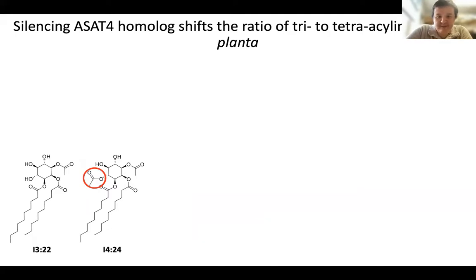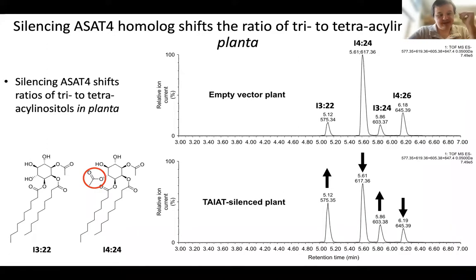The first thing that I want to mention is that the major acyl sugars in Solanum ketonense are primarily tri- and tetraacylated inositols. They differ primarily by the presence of this acetyl group, as you can see here. What we found is when we targeted the ASAT4 homolog, we saw a substantial change in the ratios of tri- to tetraacylated inositols, so essentially, presence or absence of those acetyl groups.